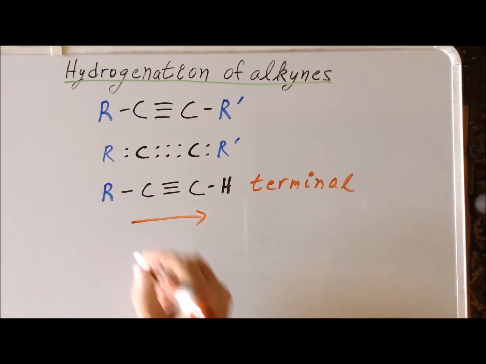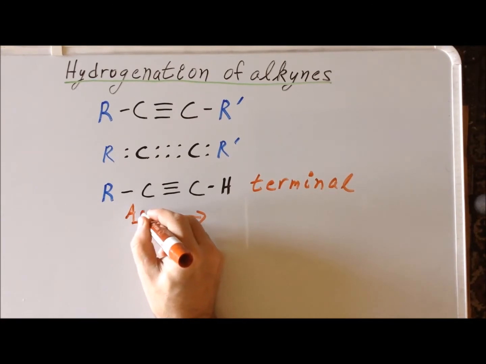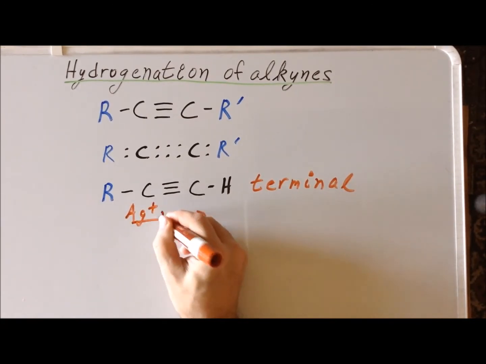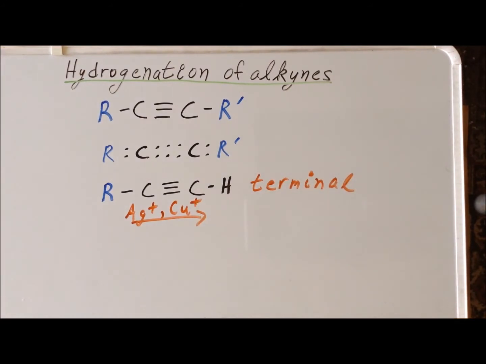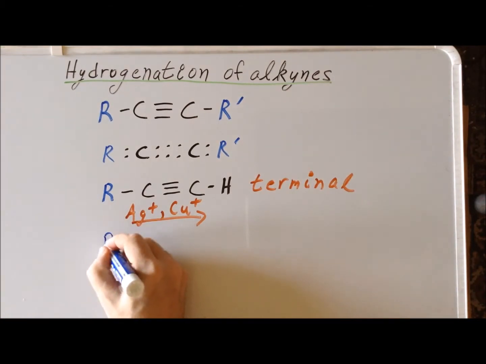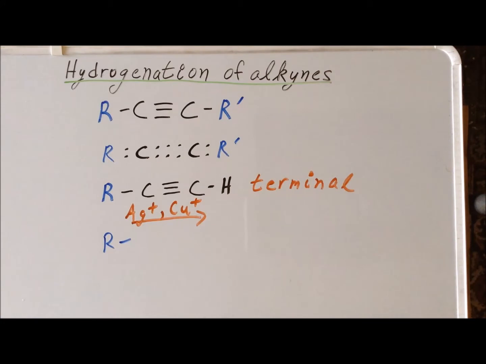So we react this with either silver plus 1 ion or with copper plus 1 ion, the so-called cuprous ion. In those particular cases, we get a structure like this. We'll show it for the case of silver.